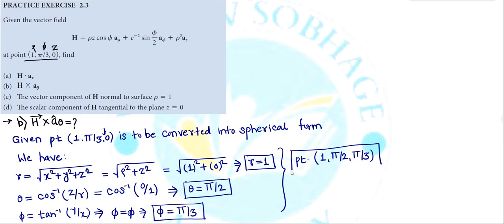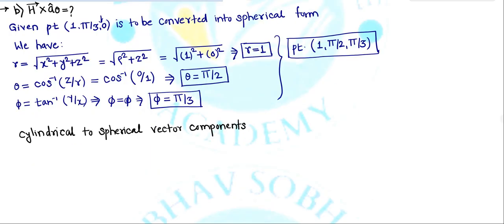Now next we are going to talk about the vector components in cylindrical as well as spherical form. So the given vector is expressed in its cylindrical form, and if you want to convert that cylindrical vector directly into its spherical form, we have these components. The radial component ar cap is equal to sine theta a rho plus cos theta az cap.